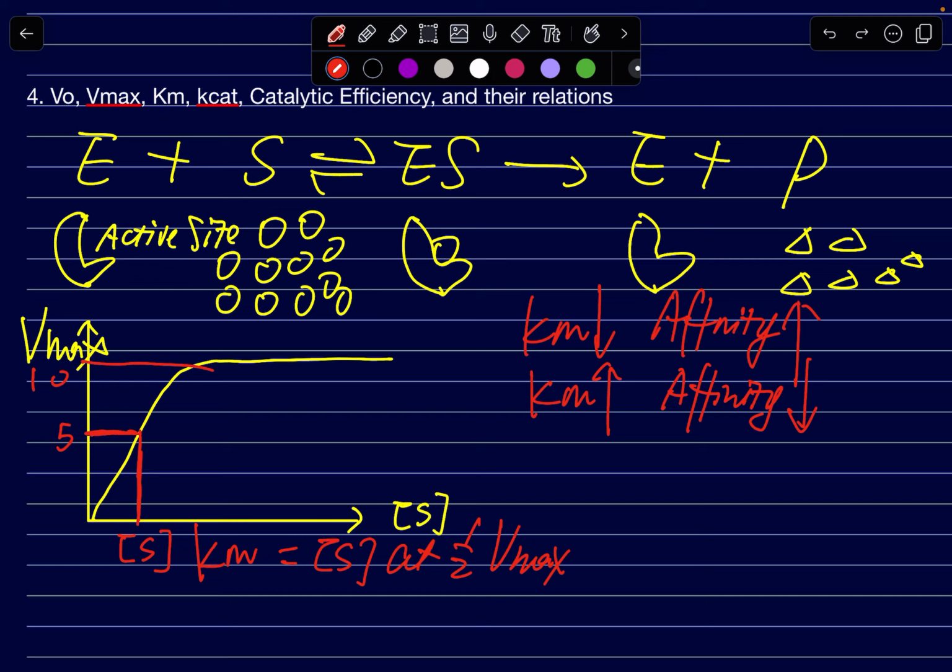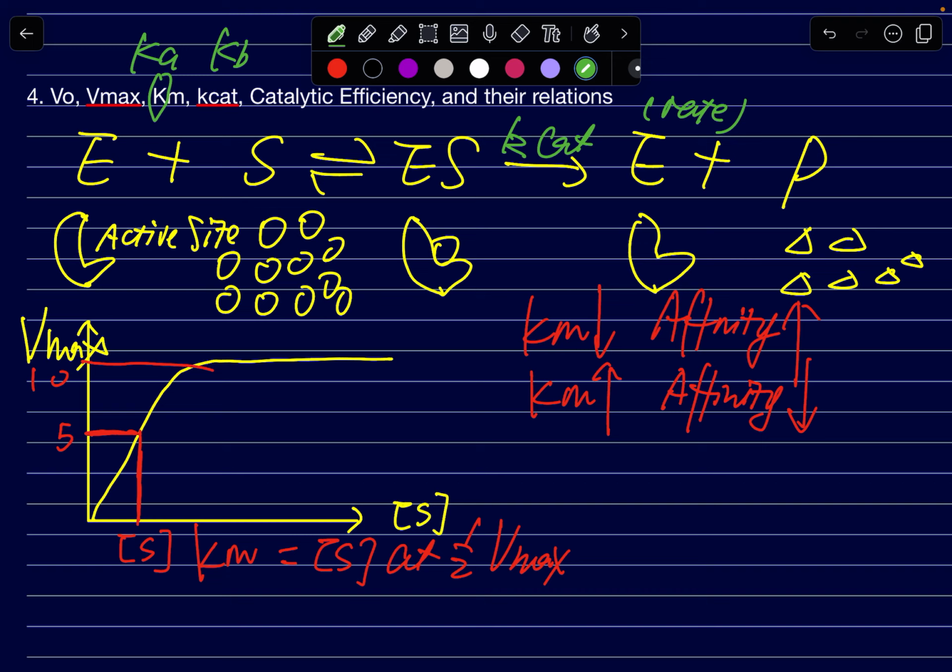Okay, now let's talk about kcat. Let's use a different color. So kcat is really, cat means catalyze, right? So in kcat, the lowercase k means rate, whereas the uppercase K, like Km, is a characteristic, like remember Ka, Kb, pKa, pKd.